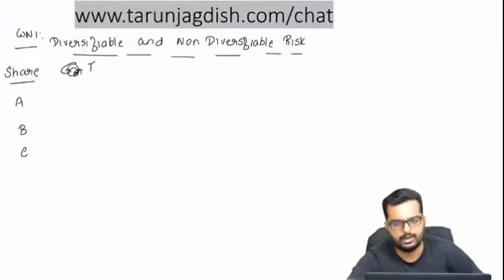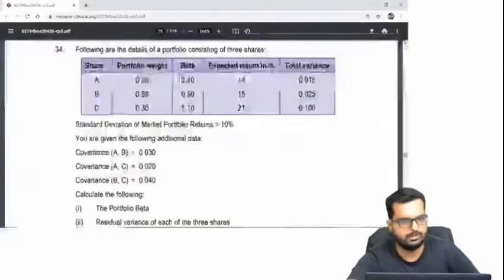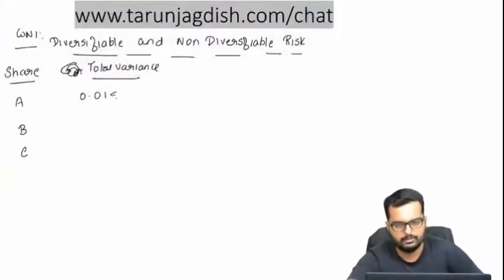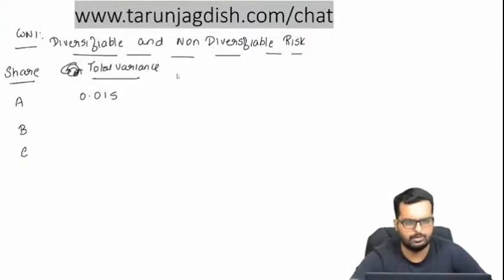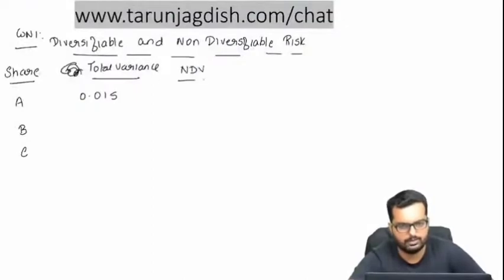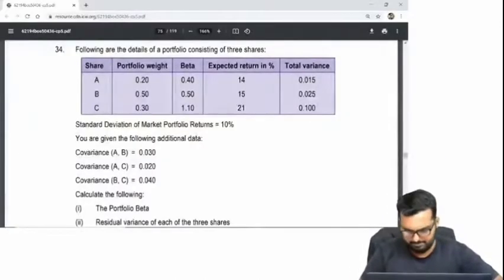So first I'll write down the total variance. How much is the total variance? 0.015. I'll show you the first one, the remaining you do on your own. Then I can find out the non-diversifiable variance. The formula for non-diversifiable variance will be beta into standard deviation of the market, the whole square. So that would be 0.4 into 10, this is the standard deviation given over there, am I right?